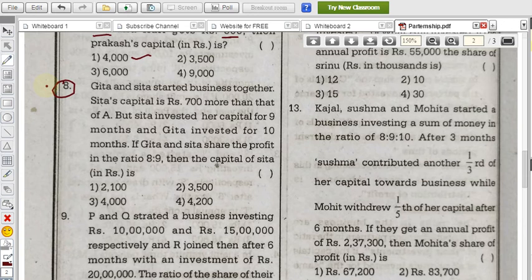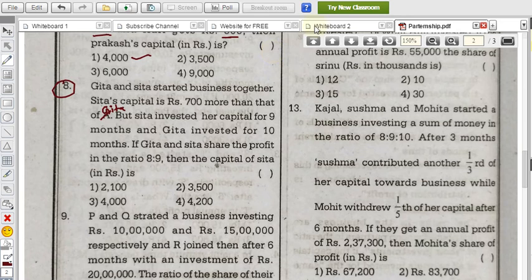So first you will take the ratio which is given. Let the capital of Geeta be rupees X. Sita's capital is 700 more than Geeta's, so Sita's capital depends on Geeta's.